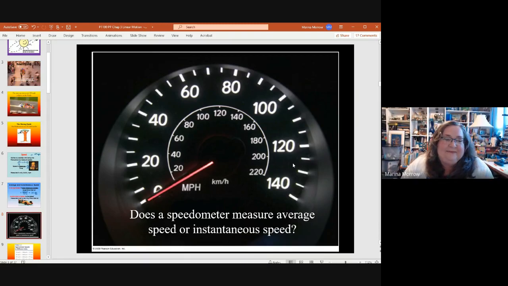And which one do you get a ticket for? Your instantaneous speed, right? You can tell a policeman, hey, I was held up back there for a long time in a traffic jam, so I had to speed a little to make up, and my average speed is still below the speed limit. But the policeman's not going to fall for that, because it's the instantaneous speed that is going to get you a ticket.